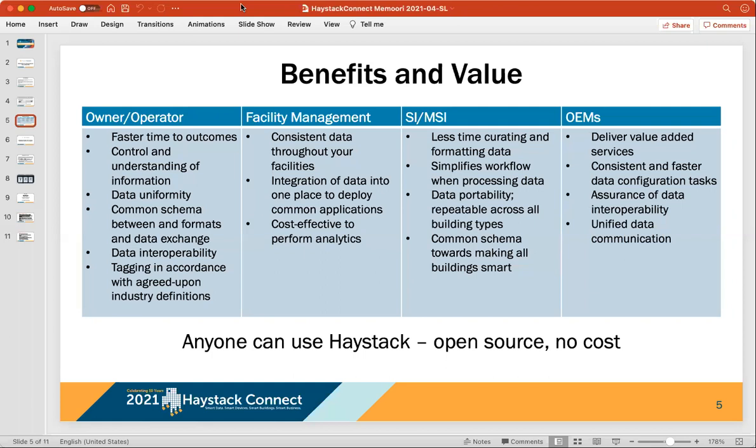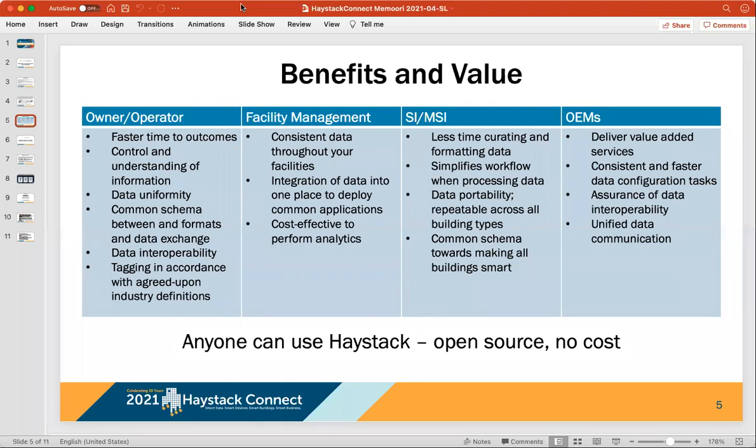So I'll sum this up real quick. Look at Haystack as providing a foundation to support open interoperability that enables one system to exchange data without manual effort being required for the receiving system to interpret that data. Then look at it from a structural interoperability perspective, that Haystack provides by defining the data structure of the information being passed through the system.